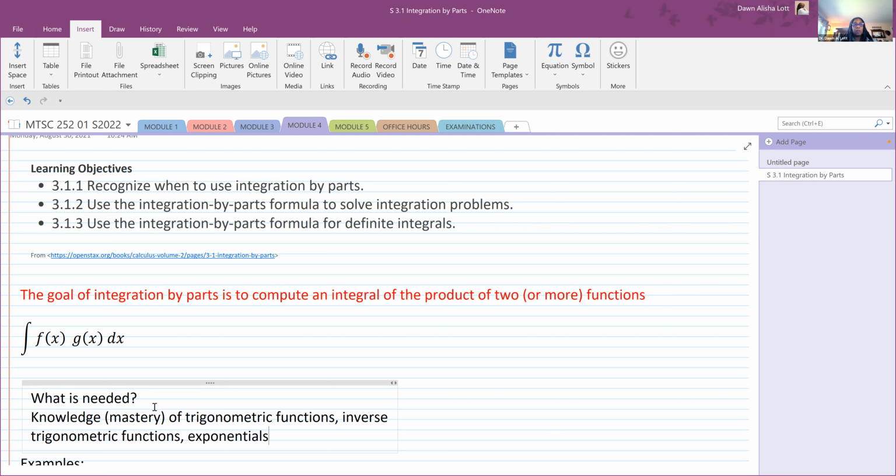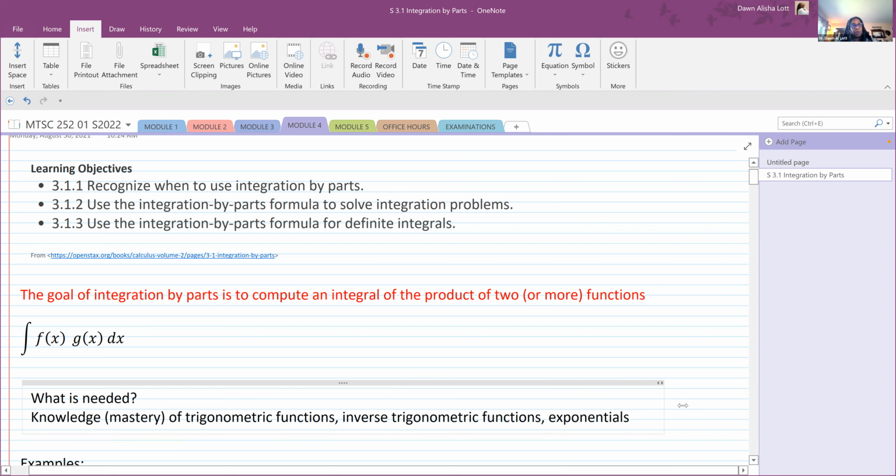Those are the major ones that you will be using for this section. All right, so that means you need to know the integral of sine is negative cosine, the integral of cosine is sine. The integral of tangent, we did it, was the log of the absolute value of secant. Those kind of things you need to know, in those basic functions.